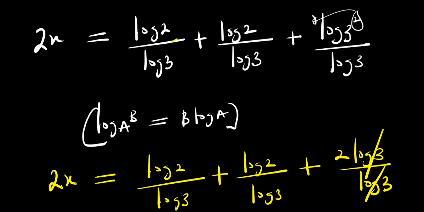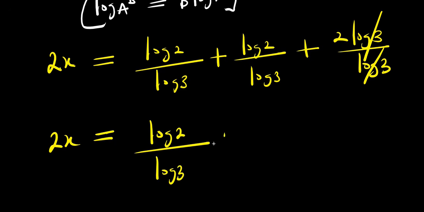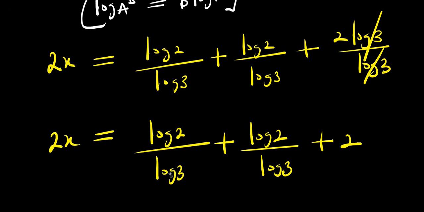Log 3 cancels log 3. Here we have 2x equals log 2 divided by log 3 plus log 2 divided by log 3 plus 2.